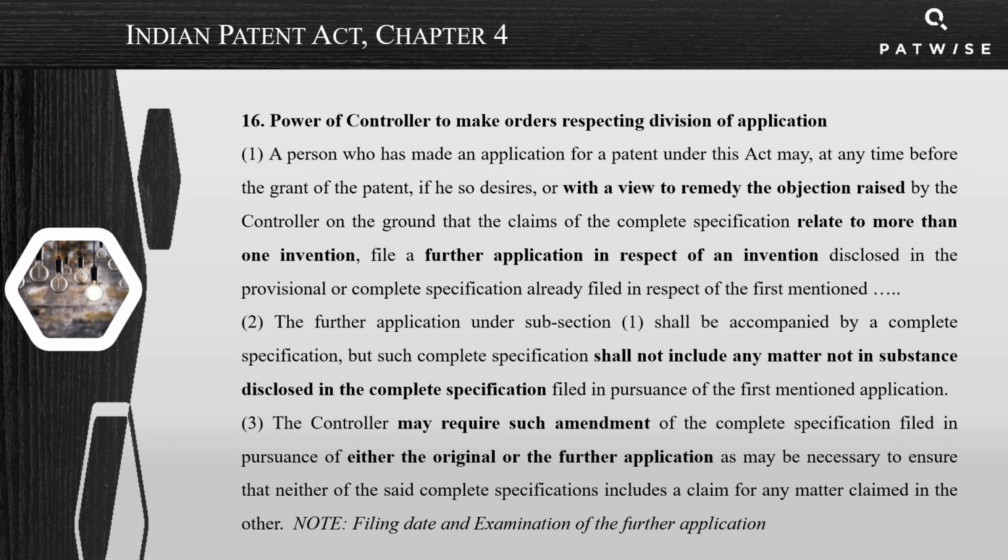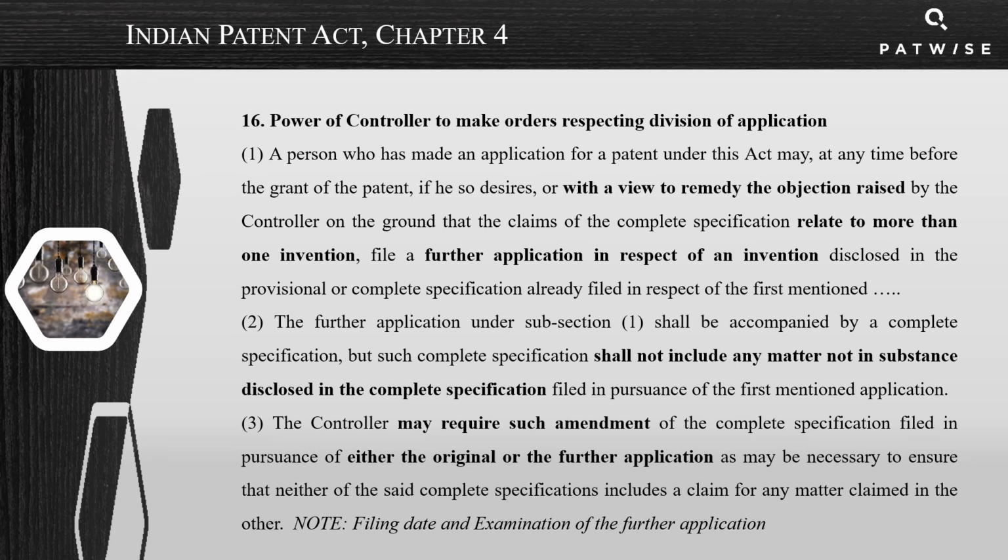Power of controller to make orders respecting division of application. Like we looked up in one of the previous sessions, the divisional application can be filed if in case the controller feels that the application for patent can relate to more than one invention. So with the view to remedy the particular correction, the controller can request the applicant to file a divisional application, or it's called the further application.